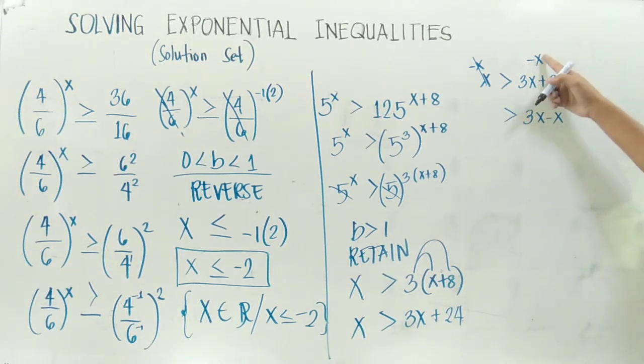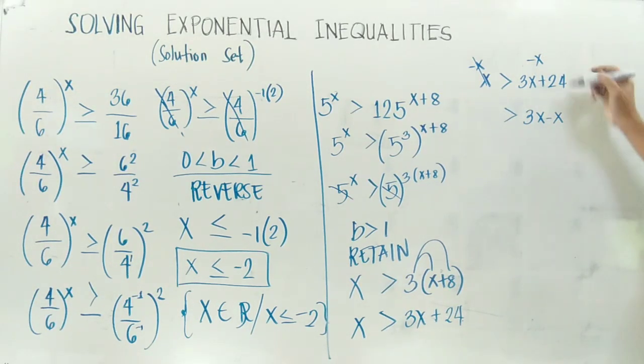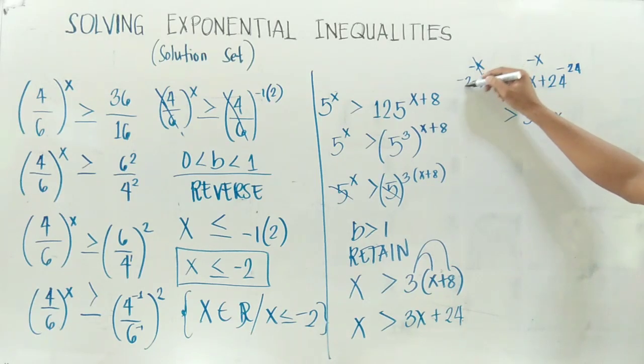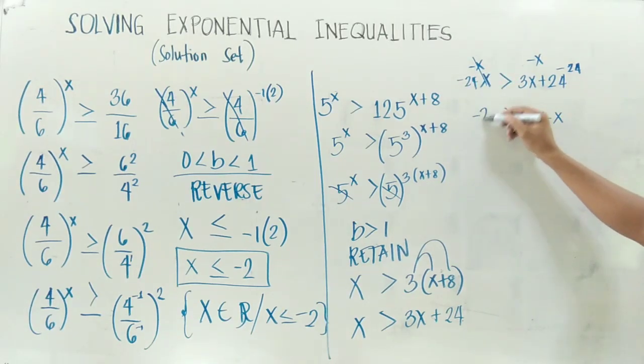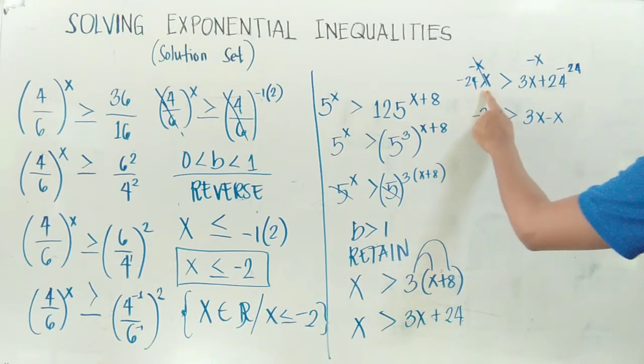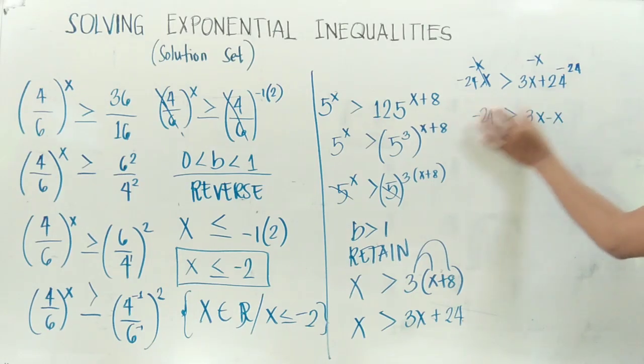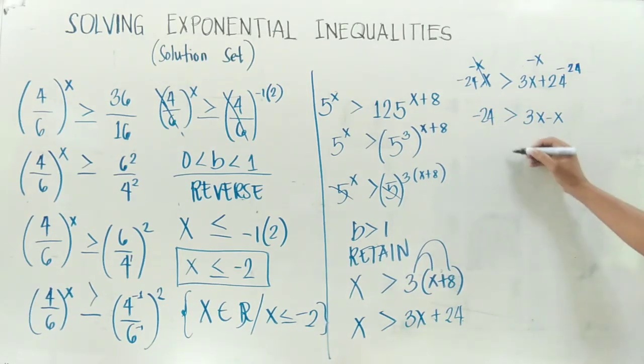Then to eliminate 24, we have to subtract 24. Because we subtracted 24 in here, we should subtract 24 on the other side. Or if you can see, positive x is transferred, it will become negative x. Positive 24 is transferred, we have negative 24.